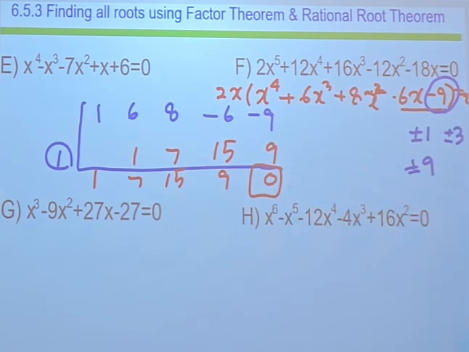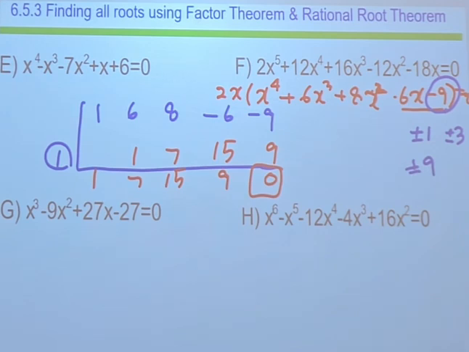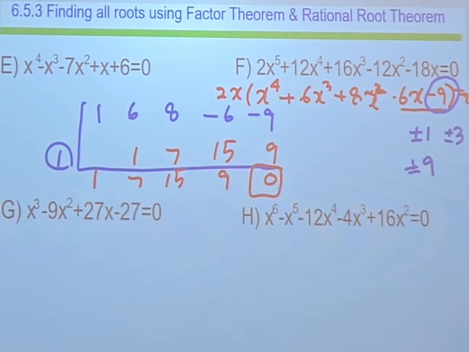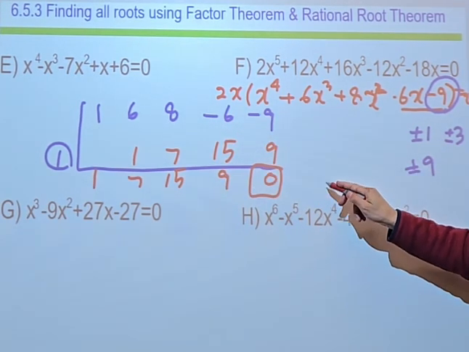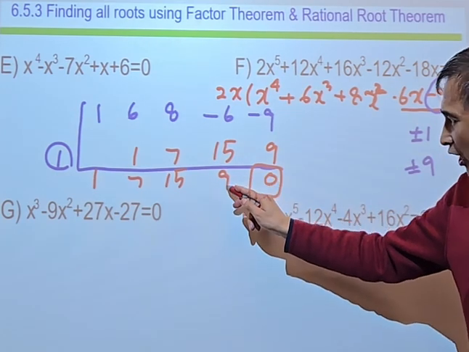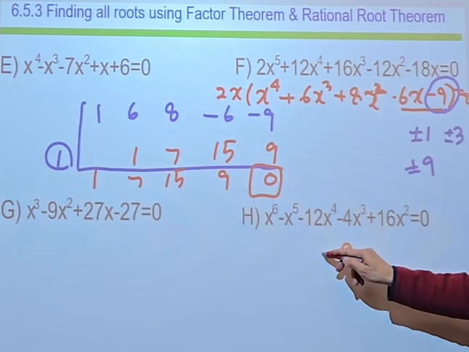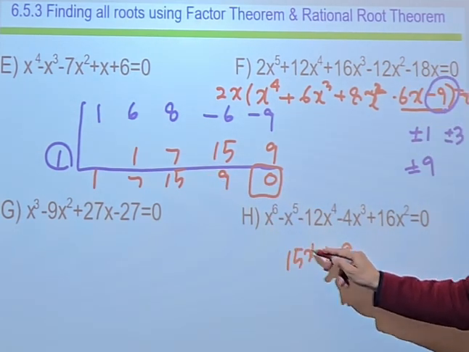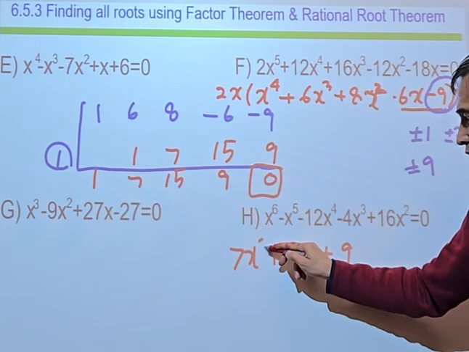So that means we did a good job, right? So 1 is definitely a factor. 1 is a zero.